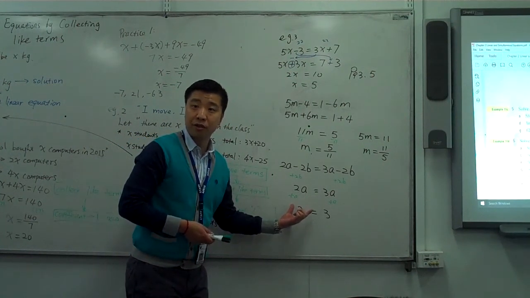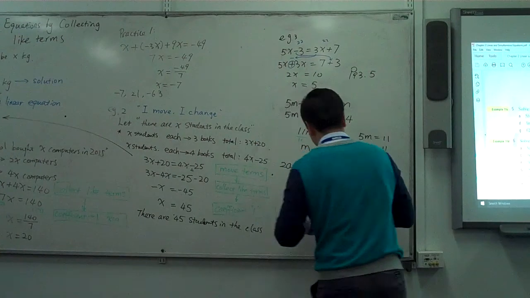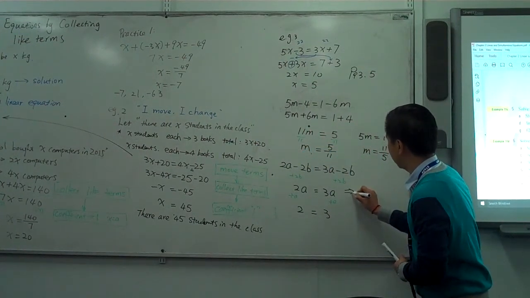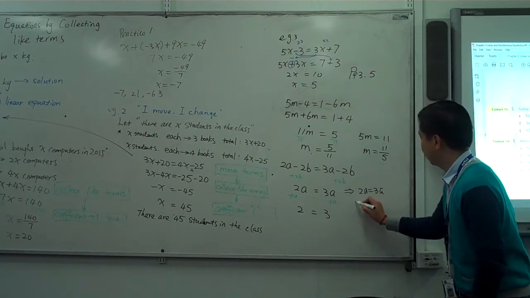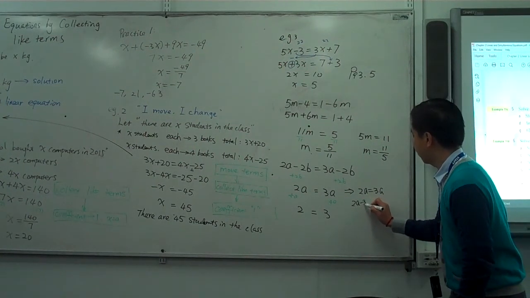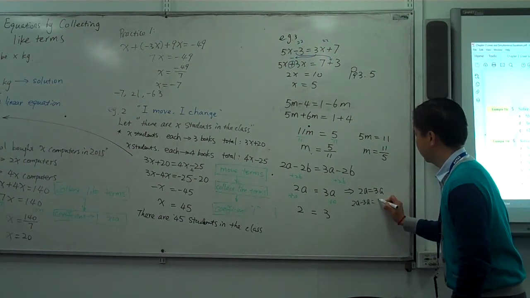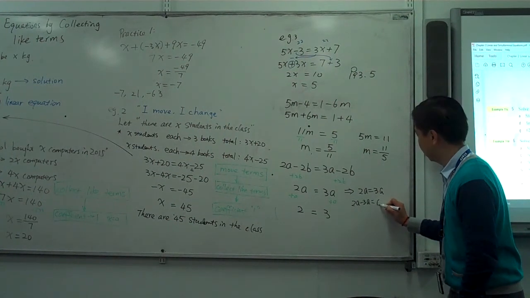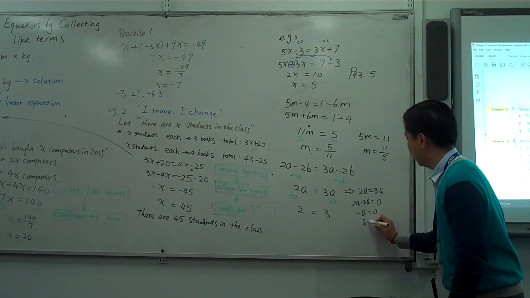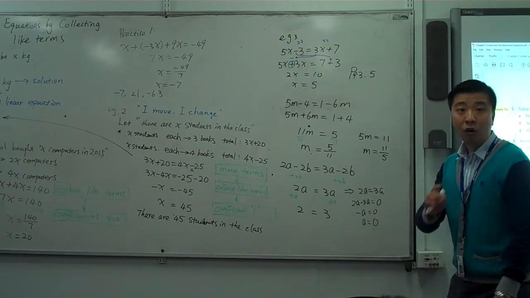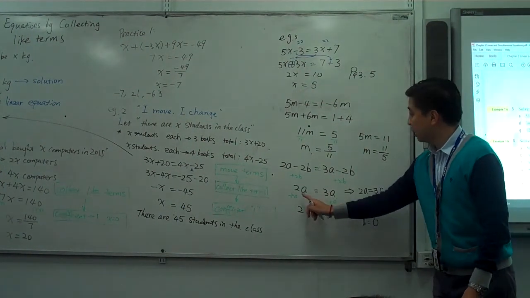Actually, what we have to do is, for this step, 2a take away 3a equals 0. So negative a equals 0, a equals 0. Only when a equals 0, they are equal.